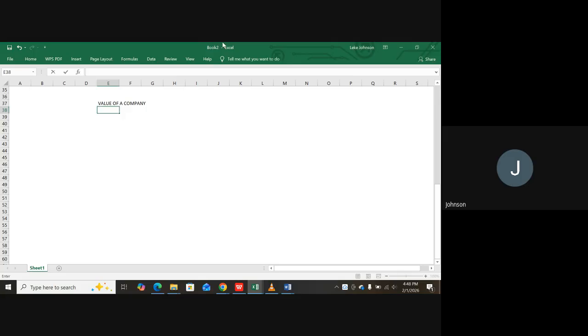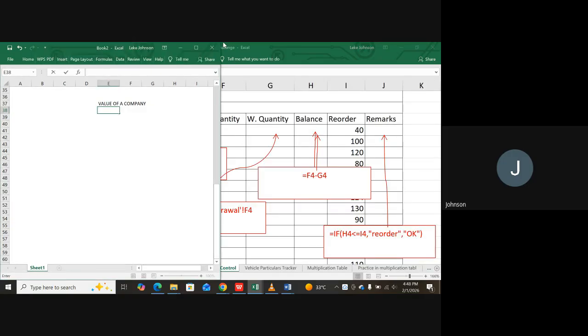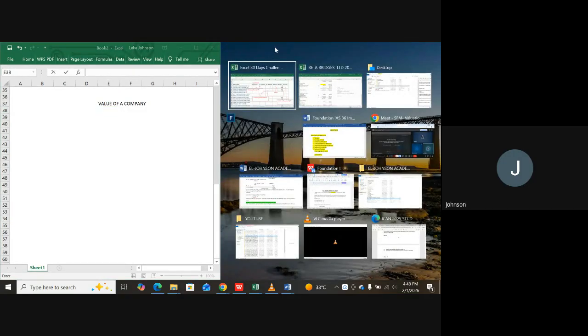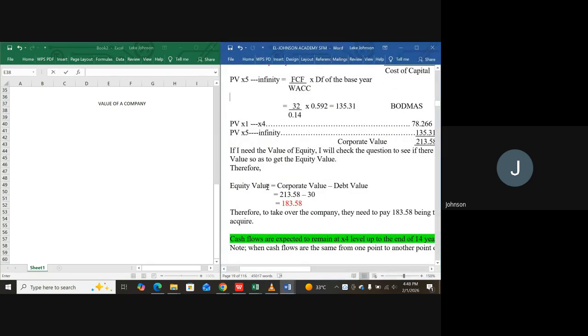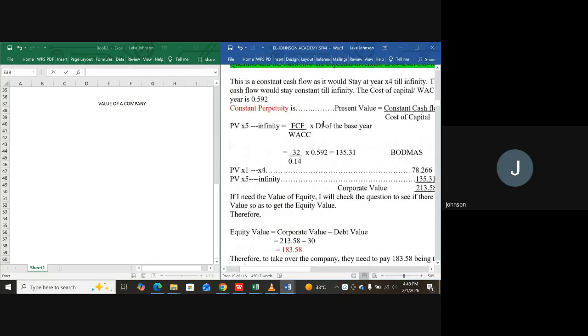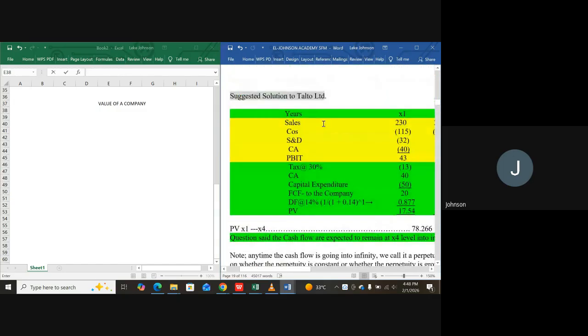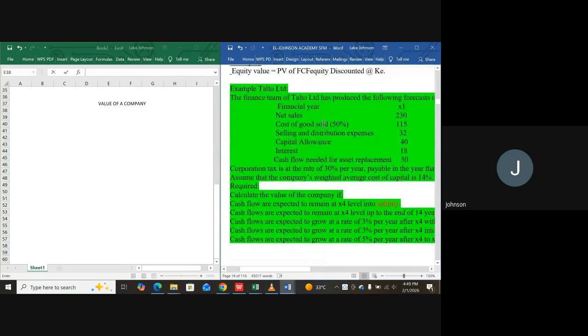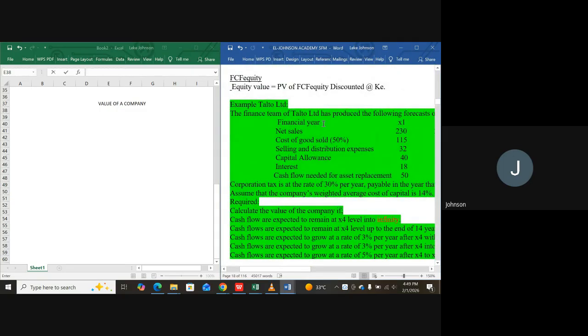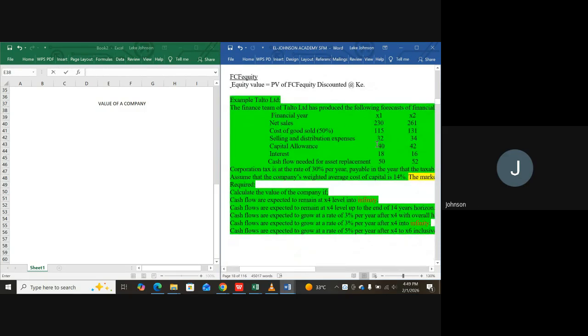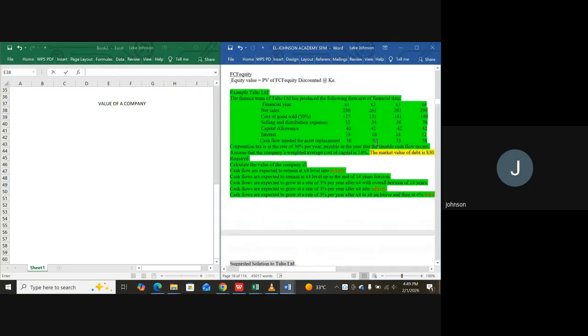Let me take my screen to the side and pick the other stuff. Okay, so this is what we have. Let's quickly go to the top. At the top here, we have this question. Should we start from the very beginning? For our free cash flow, Abby?